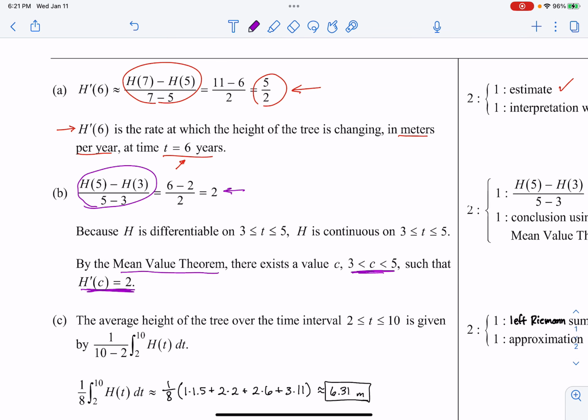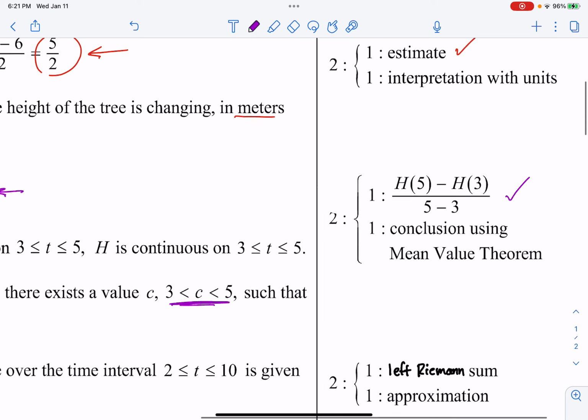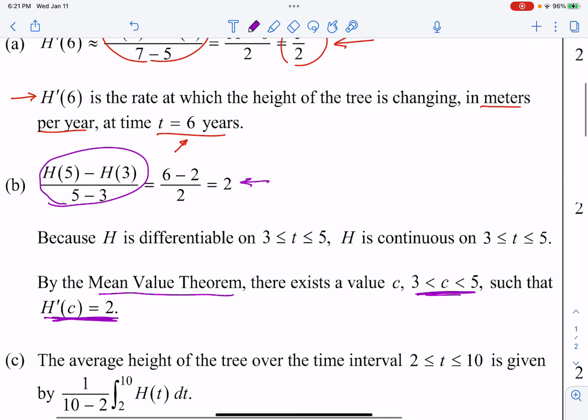So let's see what the point breakdown is. So we definitely get this point over here. And then this point over here, I could go 50-50 on whether I actually get this or not. Because one thing I didn't mention that they did was they explicitly mentioned that it's differentiable on here. I didn't mention that at all.